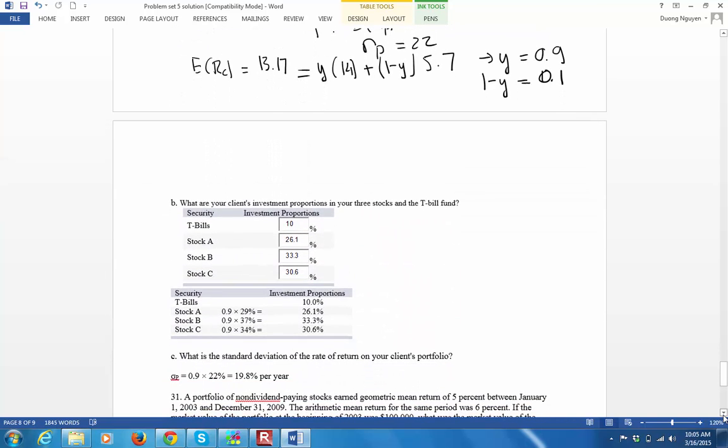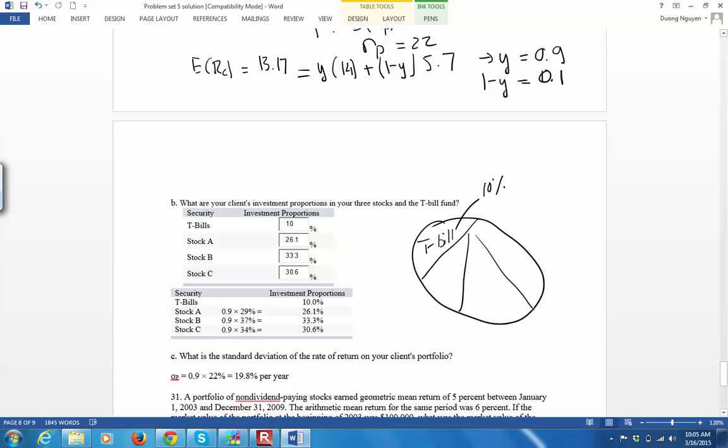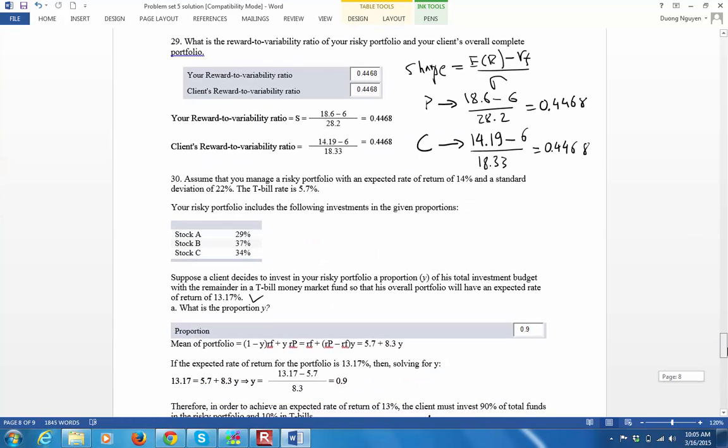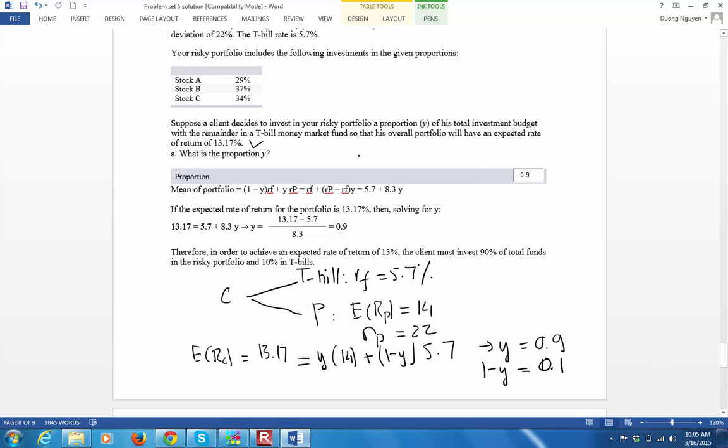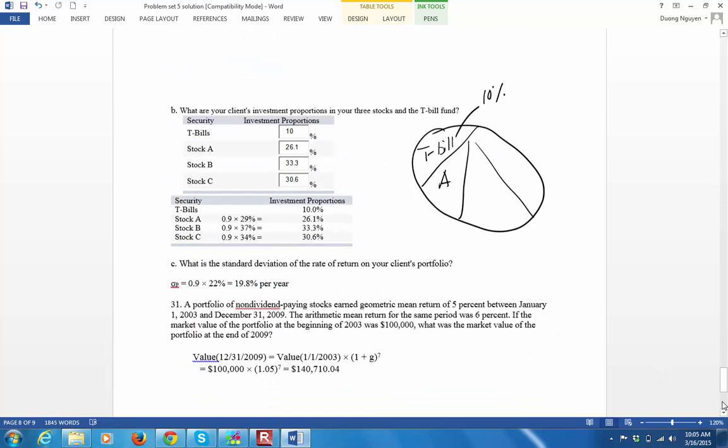Now, what is the investor proportion in the overall portfolio? You have T-bill at 10%, and you have 3 stocks, A, B, and C. The proportion of A in portfolio P is 29%, given at the beginning. So it is 0.29 times 90% of portfolio P in the overall portfolio, which equals 26.1%.